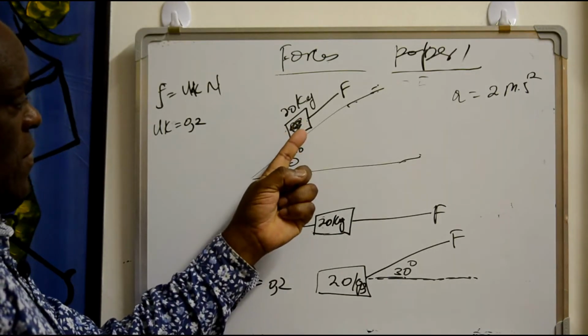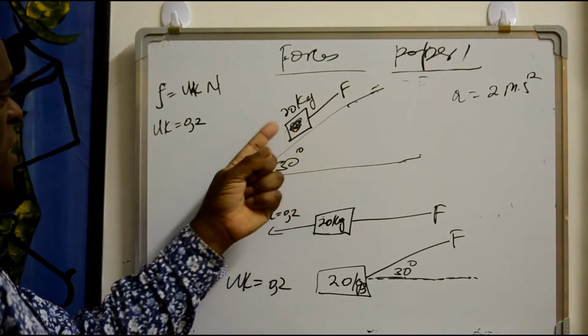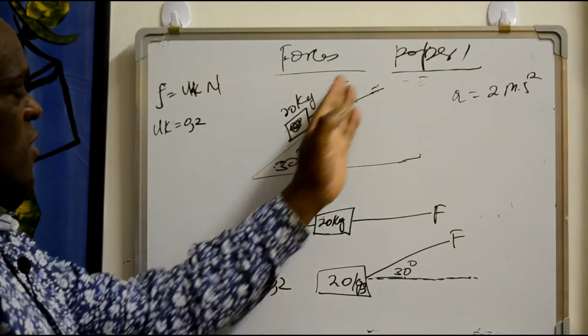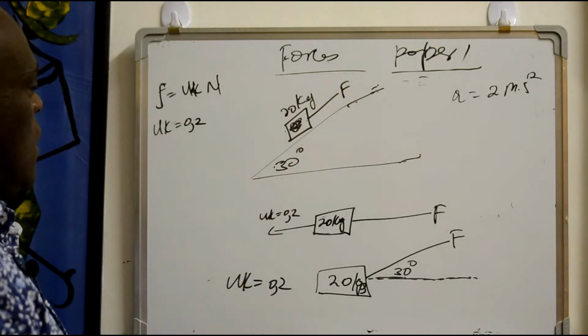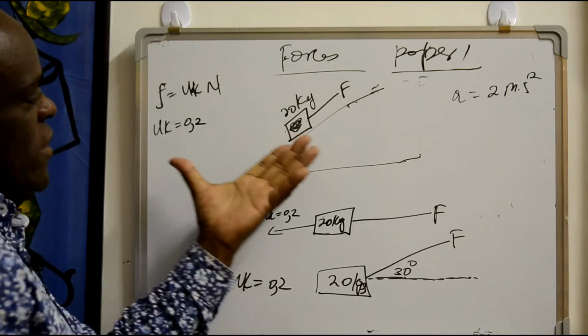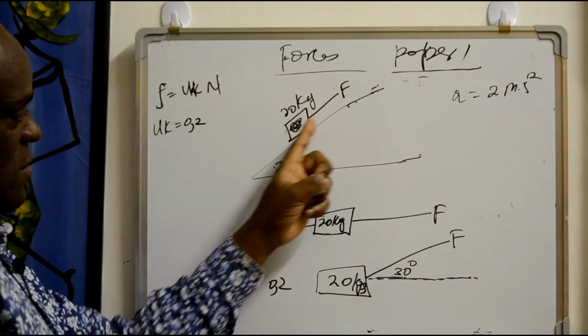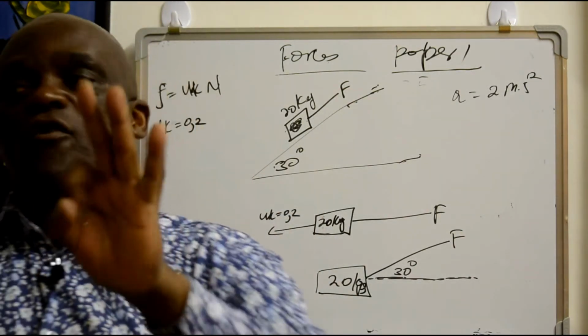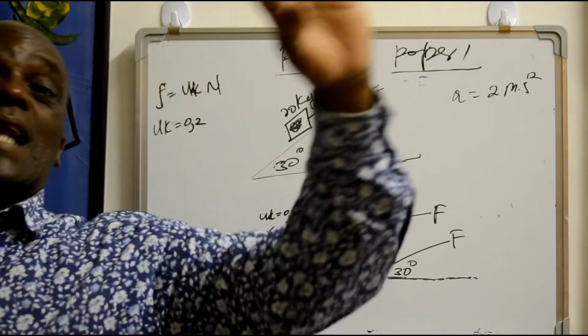Here there is a friction force. You apply this, there is a friction force. How many forces are acting on this object? We have the applied force, a friction force, and a force of gravity. Now you are moving on an inclined plane.